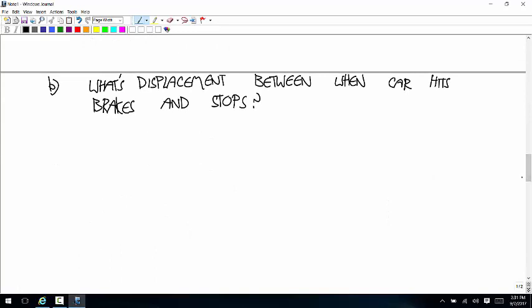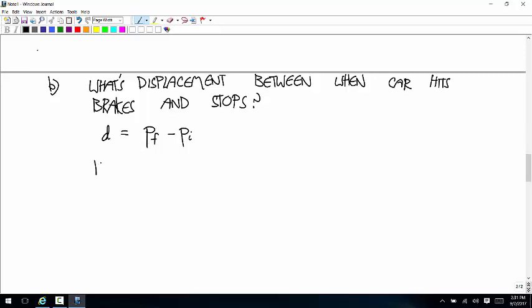So first of all, what's displacement? That's an important thing to know before you can answer this question. Displacement is the later position minus the earlier position. So in this case, displacement is going to be position final minus position initial. Okay? So in order to find displacement, what we need to figure out is the final position. That's the only thing we don't know.